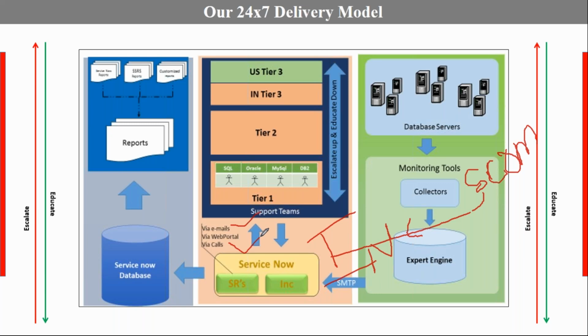Whenever you get alerts or incidents, you need to work on them. As DBAs we have three levels: L1 DBA, L2 DBA, L3 DBA. Mostly L1 DBAs first monitor the ticketing tool all the time.